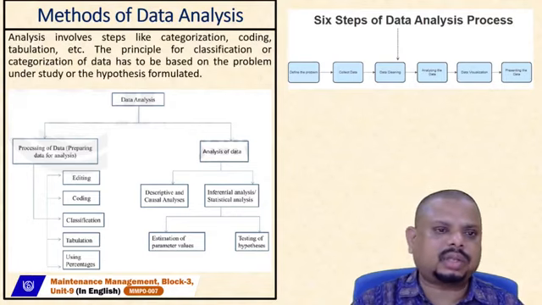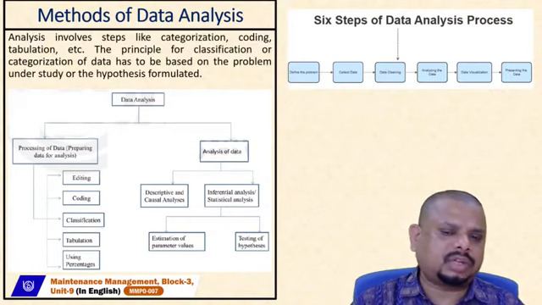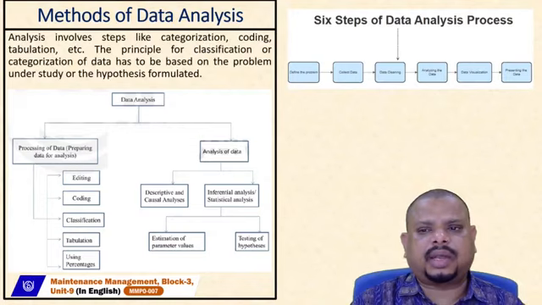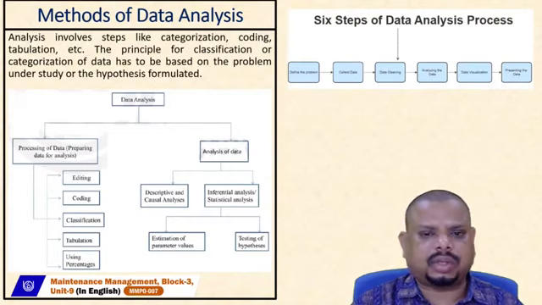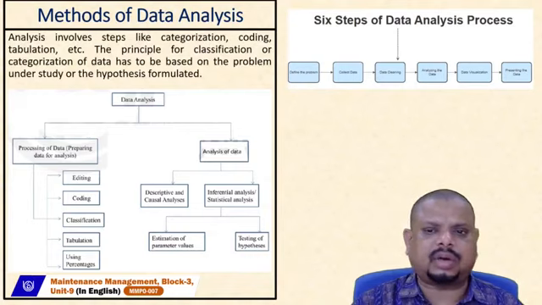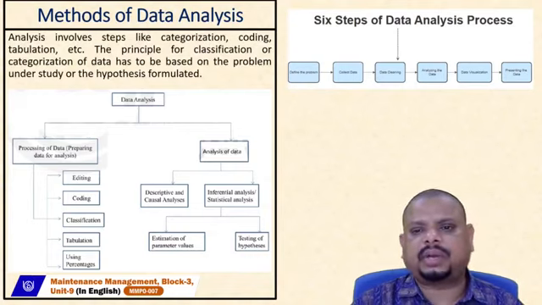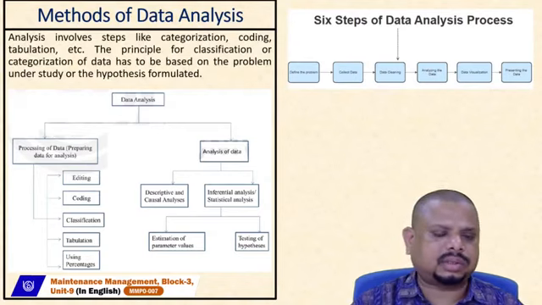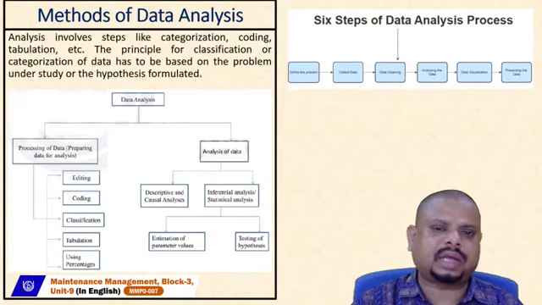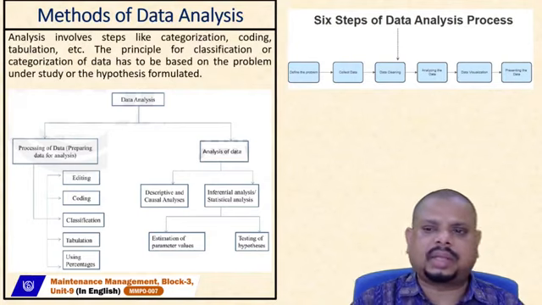Before understanding the different methods of data analysis, we have to understand how the data analysis process works. Whenever you go for data analysis for failure rate, you have to first define the problem. After defining the problem, collect the various forms of data, whether primary data or secondary data. Then data filtration or data cleaning should be done. Then analyze the data with the help of various software. Nowadays, in statistical analysis, a large variety of software is available.